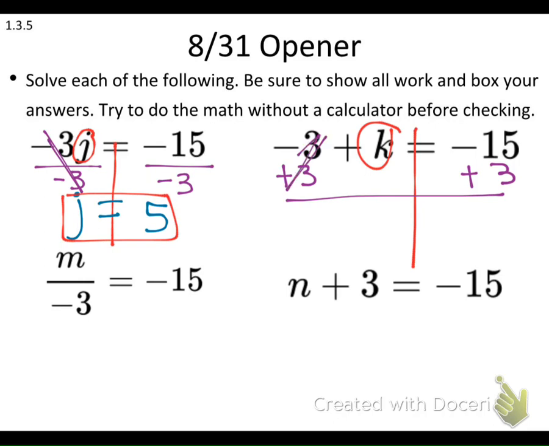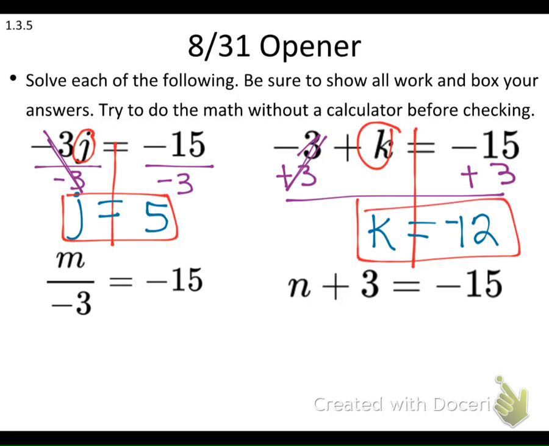Make that quiz grade a little bit easier. Bring down your variable. And then what's -15 plus 3? Positive 12 or negative 12? It's negative. Negative 12. You got -7?